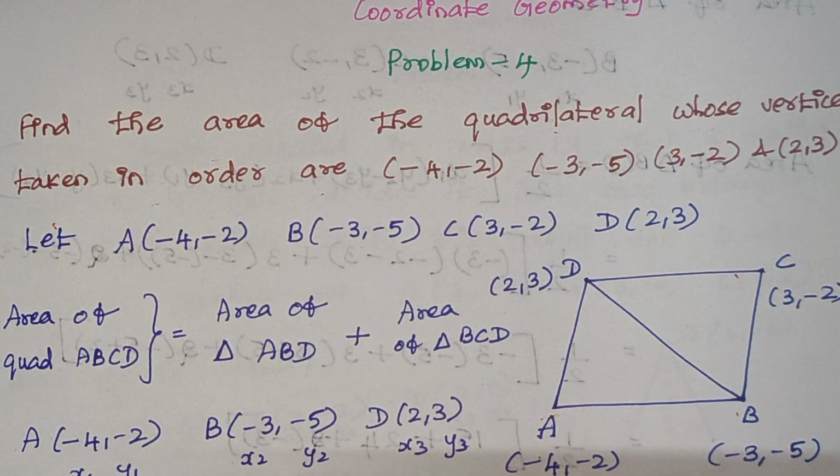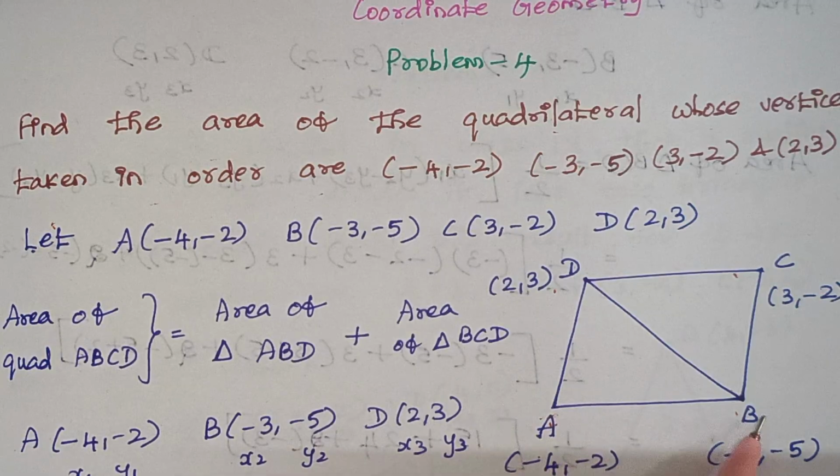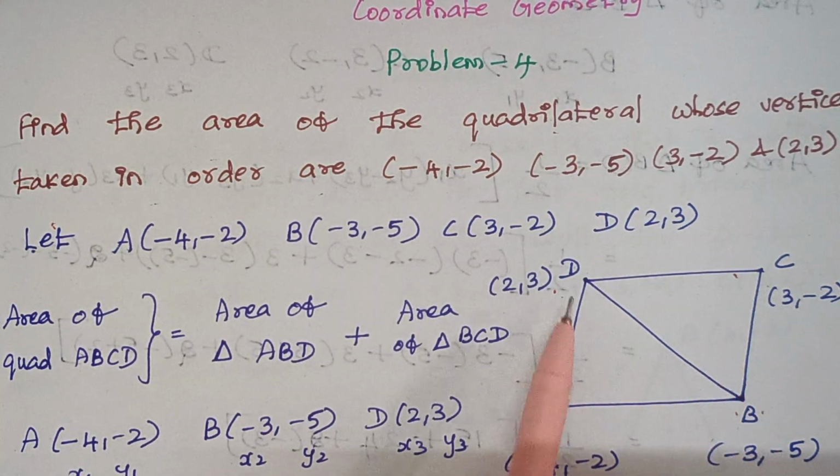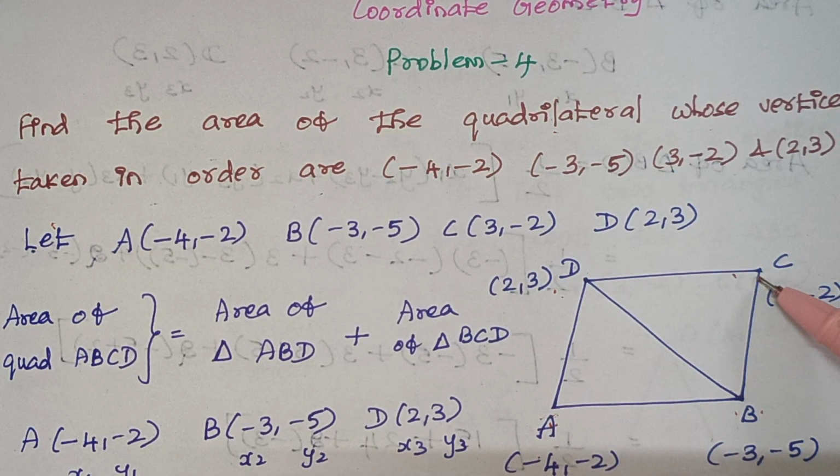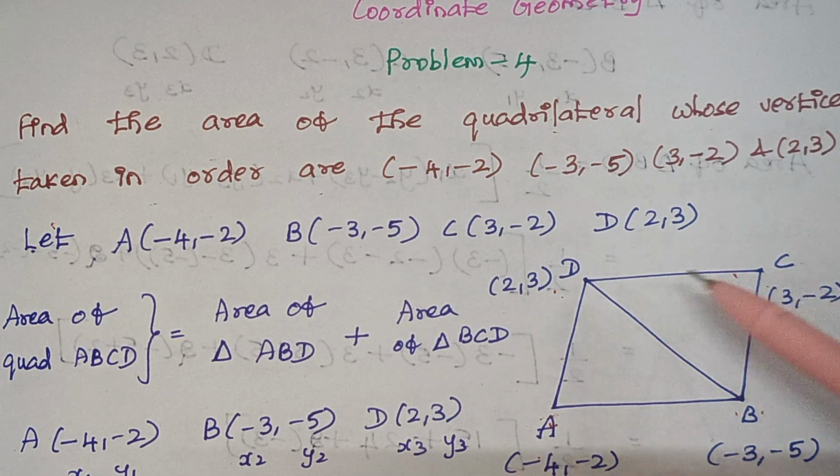Now we have two triangles: one triangle is ABD and the other triangle is BCD. In case you have taken the diagonal AC, then the triangles are ABC and CDA. Both are correct. It's up to you to select any diagonal.